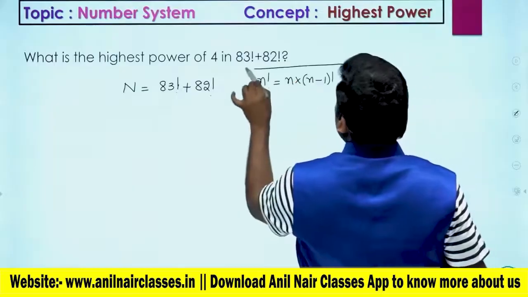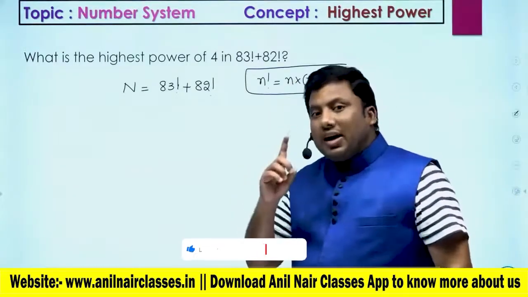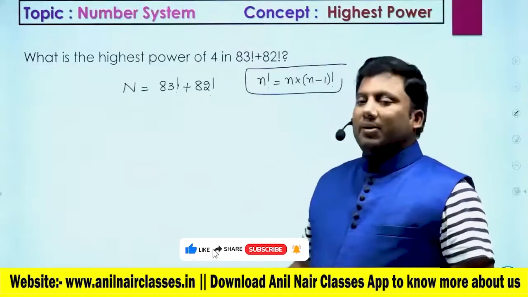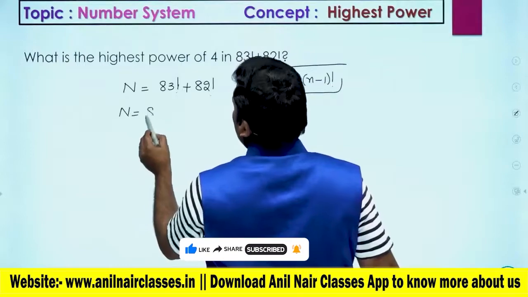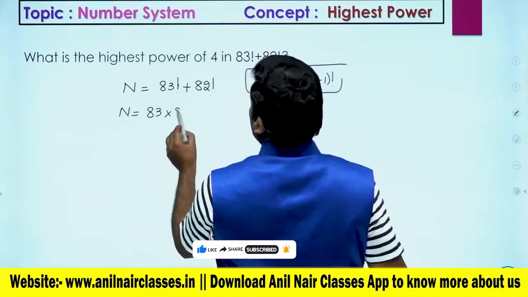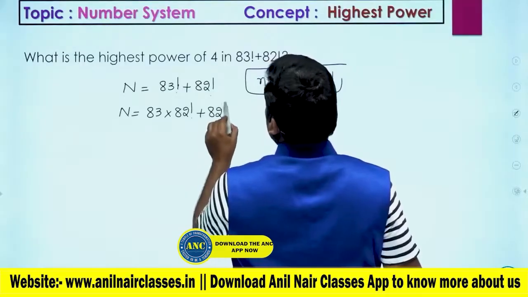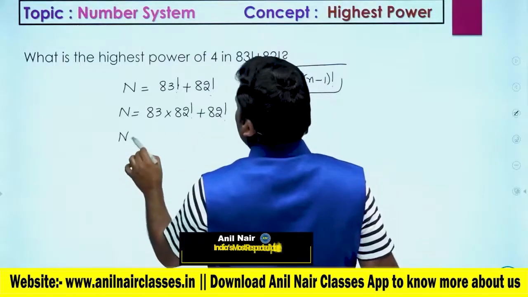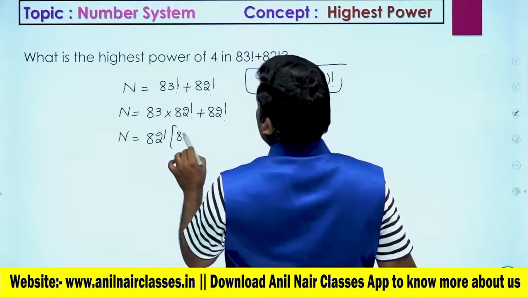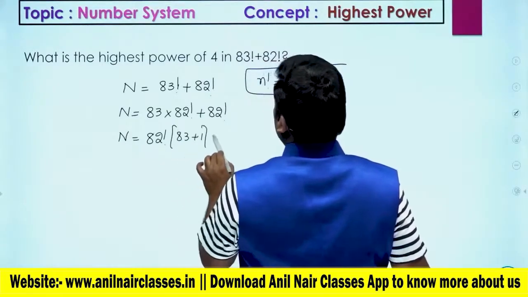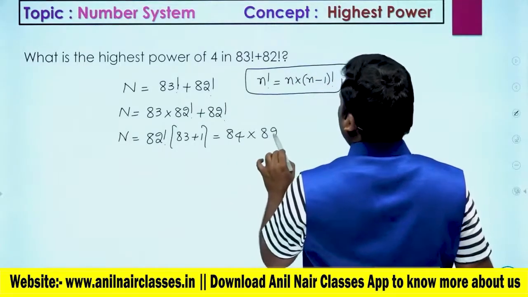I am going to use this concept because 83 factorial can be written as 83 into 83 minus 1, 82 factorial. So this will be 83 into 82 factorial plus 82 factorial. If I take 82 factorial common, 83 plus 1, which is 84, into 82 factorial.